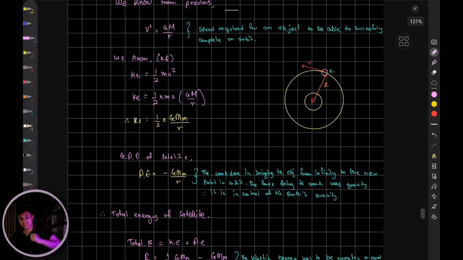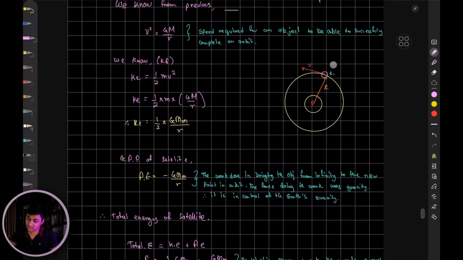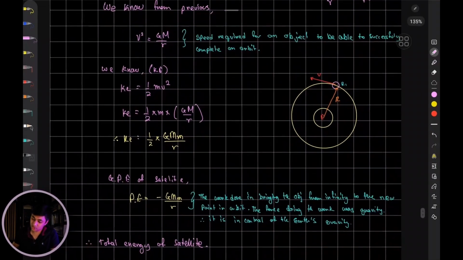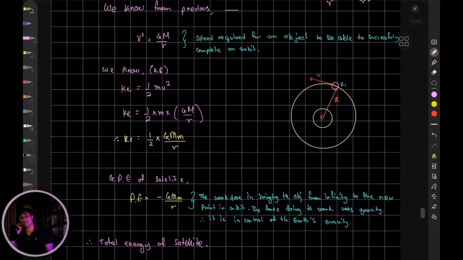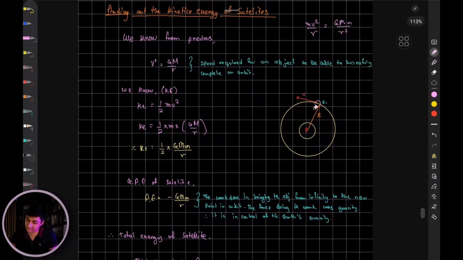So, what both of these figures mean is, if I have this object revolving around Earth, it has a certain kinetic energy, half GMm by r, and its potential energy, meaning the work done that was needed in bringing this pink object from infinity to this point, was minus GMm by r, right?